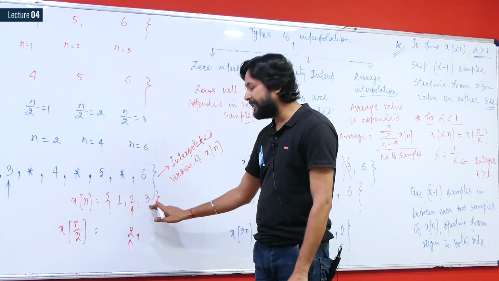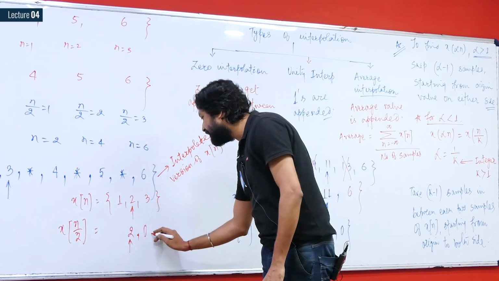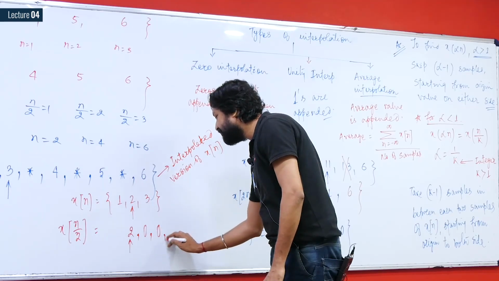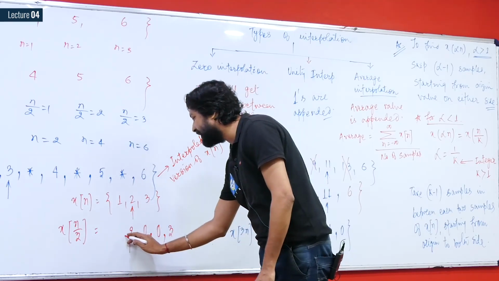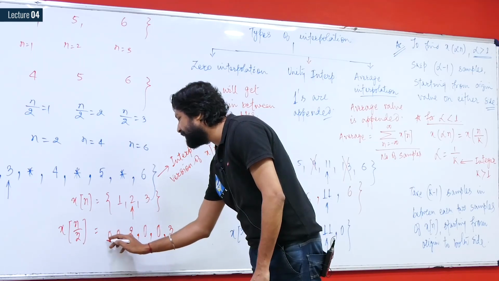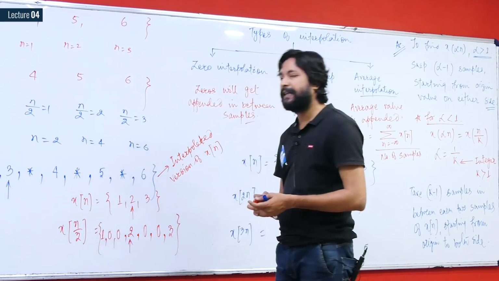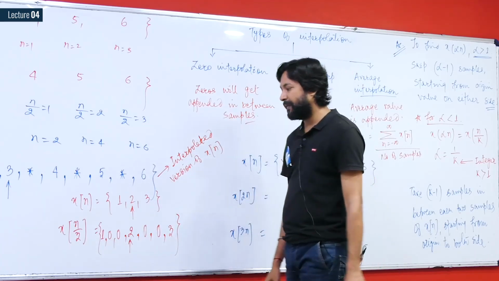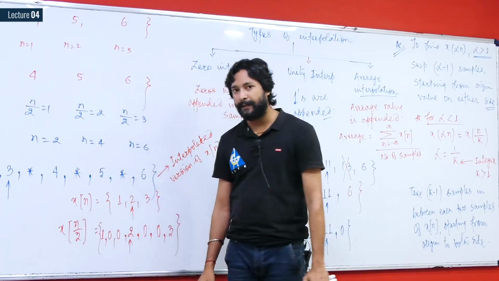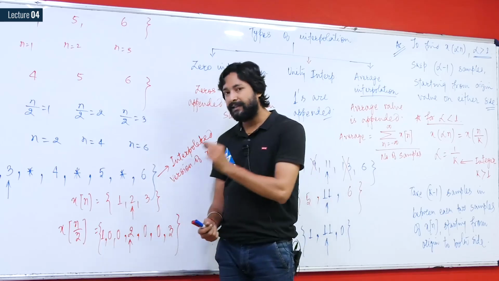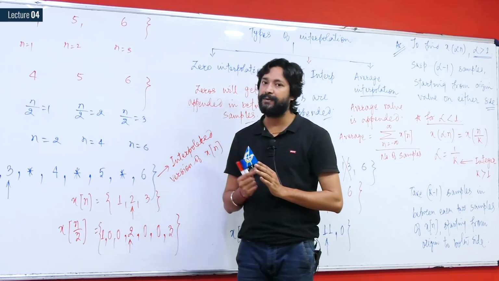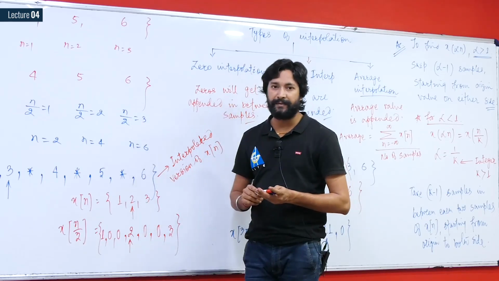Now in between 2 and 3, there will be 2 zeros appended between each two terms. Similarly, again you will have 2 zeros, then it will be 1. So it is your signal x of n by 3. Similarly, if you have to find x of n by 4 for the signal, then you have to interpolate 3 zeros or 3 values in between each two samples of given x of n.